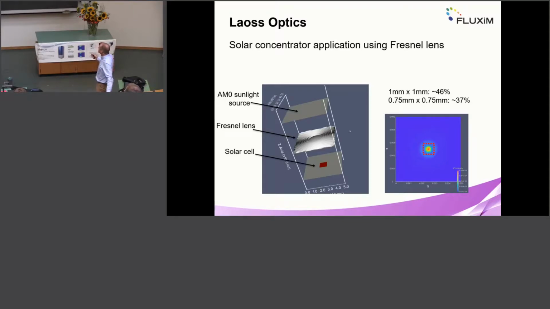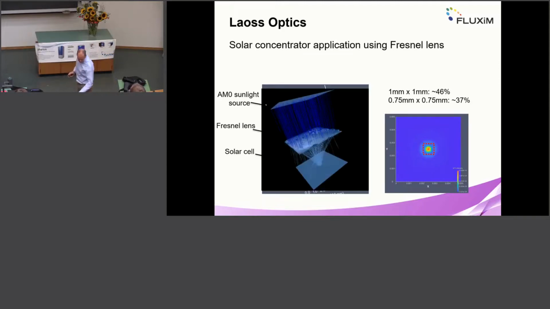So the focusing effect is not ideal. You see that outside of this dashed area here, we still have some light hitting the detector plane. So in Laoss now we can move a detector plane to evaluate the light intensity. In vertical direction we can move the detection plane, and you can evaluate the fraction of light that hits the solar cell.